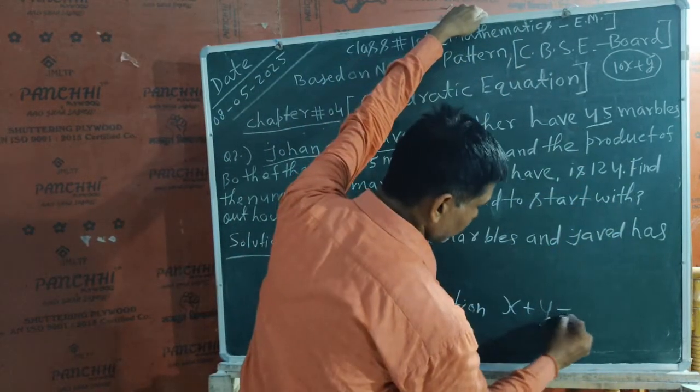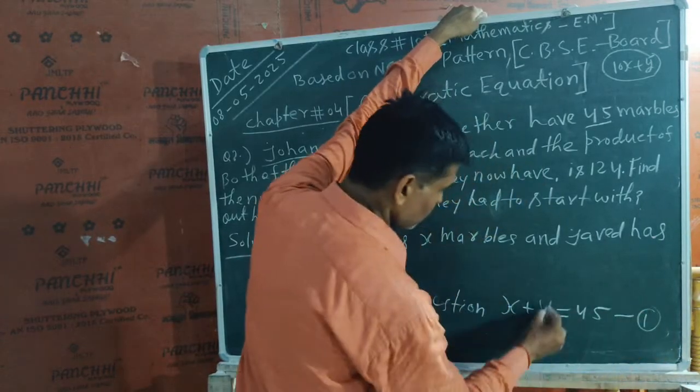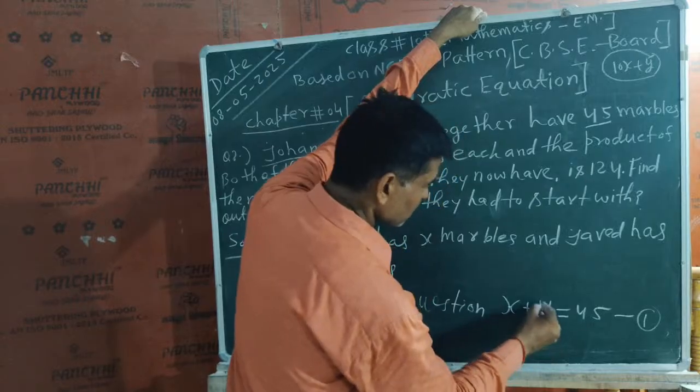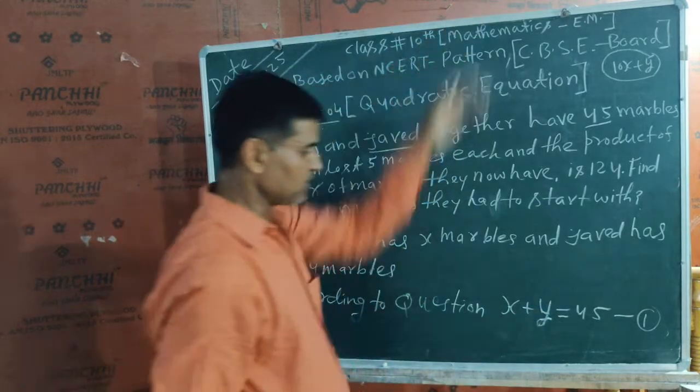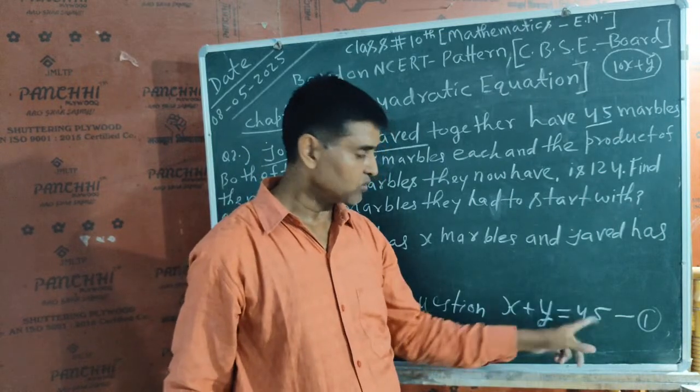So here I will write 45. I will say this is equation number 1. So the summation of both students' marbles, that is x plus y, is equal to 45.